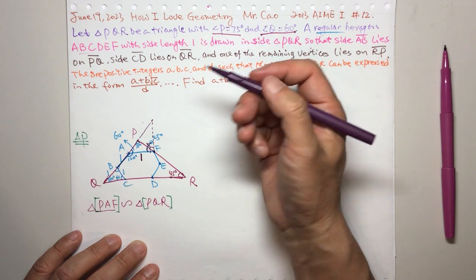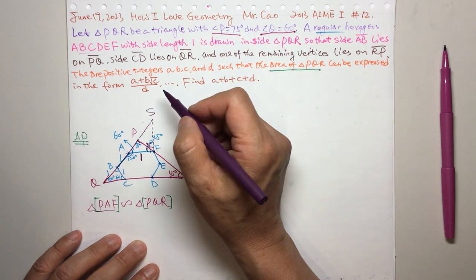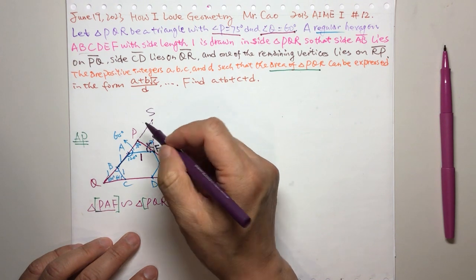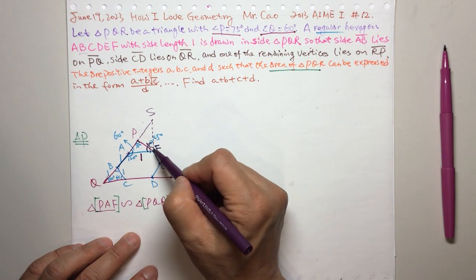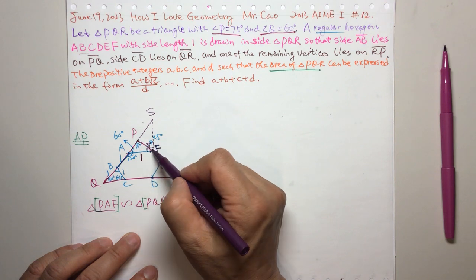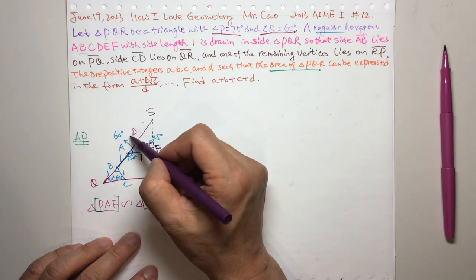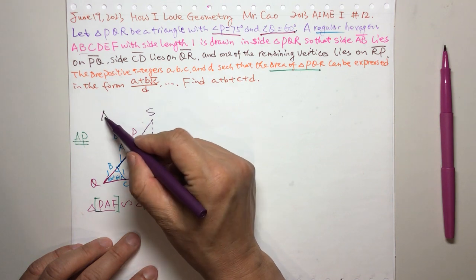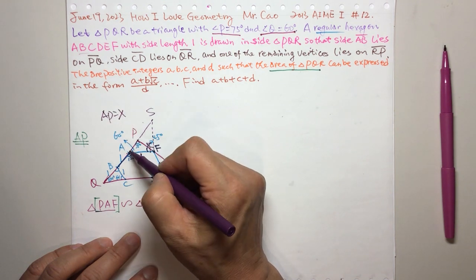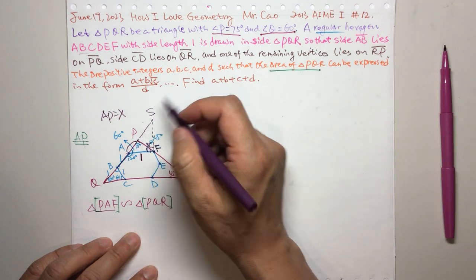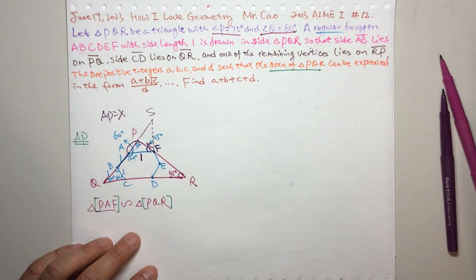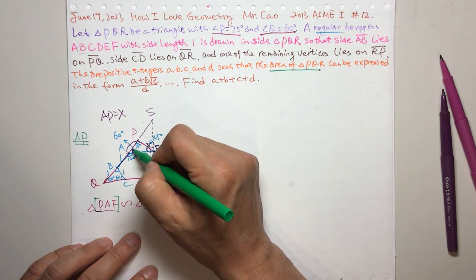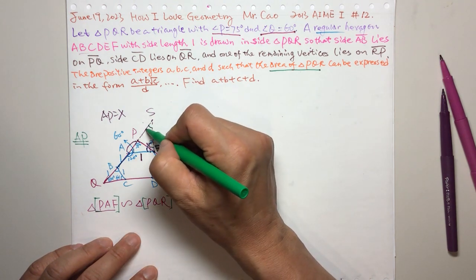If I call this point S, then FP will be the right angle's bisector. Now let us say AP equals x. PS is how long? Because this is 60 degrees, this must be 30 degrees.